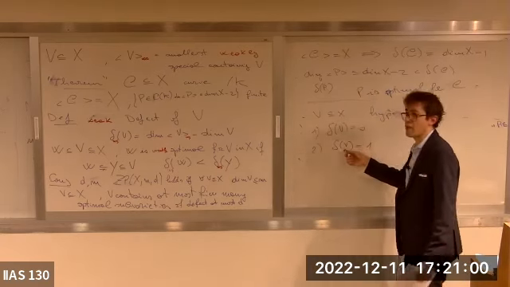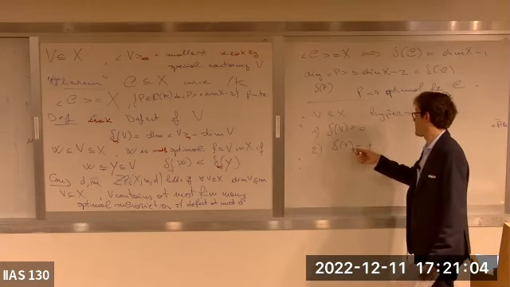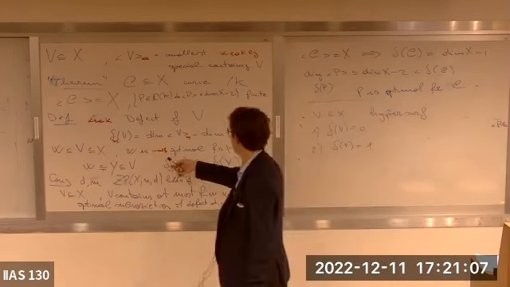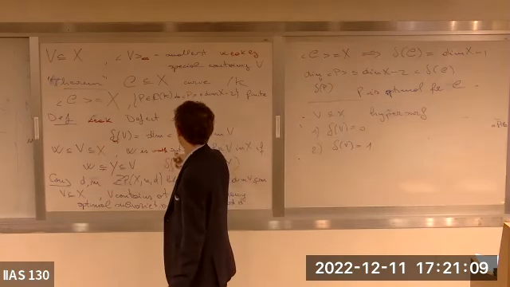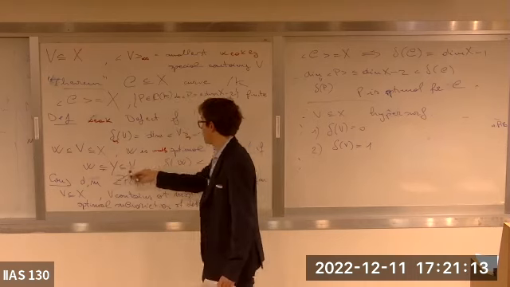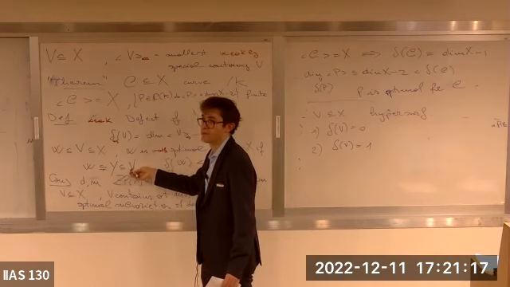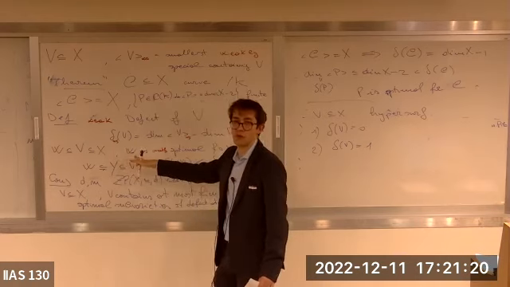And so optimal things in here are things that have defect. So look here at the definition of optimal: the defect of W is strictly smaller than the defect of V, if we are talking about a proper subvariety.